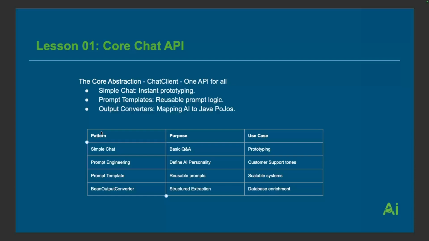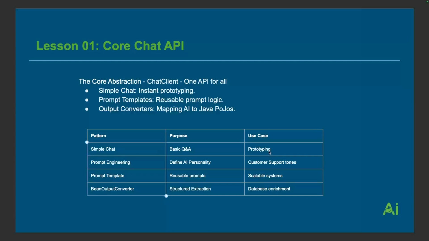in the cloud. Here is what makes it elegant. One API, every provider. You write the same code regardless of which LLM you choose. Switch providers by changing it in the configuration file. By the end of this lesson, you will have 4 powerful patterns in your toolkit.